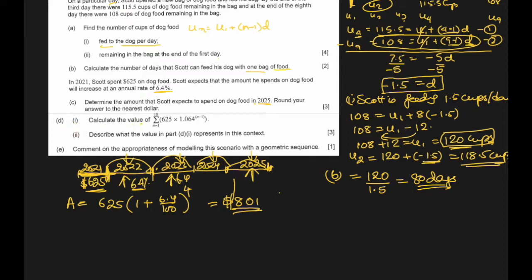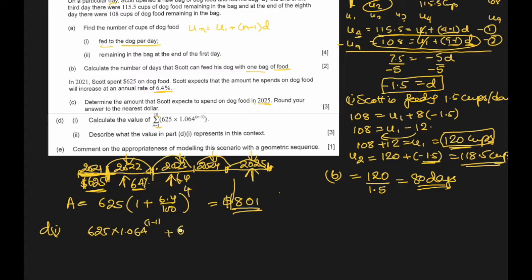Part 1 says calculate this. So how can we interpret this? Sigma means sum of 625 times this, where n starts with 1 and ends with 10. So the first term will be 625 times 1.064 to the power 1 minus 1, because we are starting with n equal to 1.